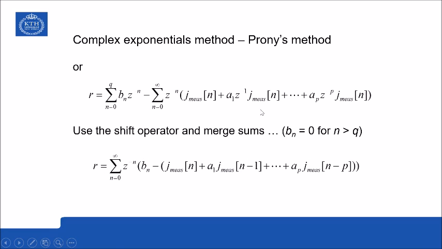The terms here with z to the minus p times the impulse response function are, from the shift operator, equivalent to a time-shifted impulse response, like this.